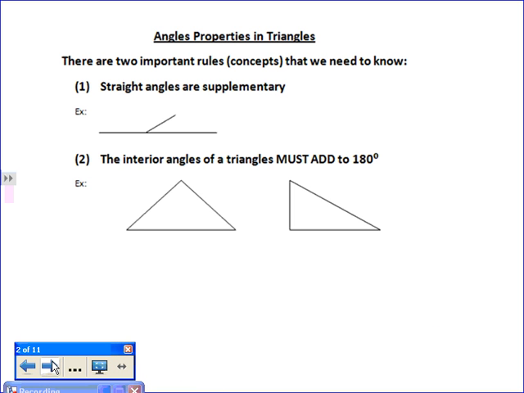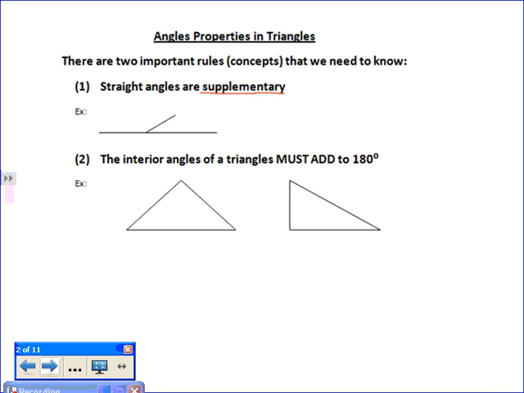So a couple of angle properties in triangles. Some of these we've already gone over in class, so I'll just quickly go through these again so that we can be really clear. Any angles that add up to 180 degrees are called supplementary angles. All straight angles, so any angles on a straight line, have to sum to 180 degrees.